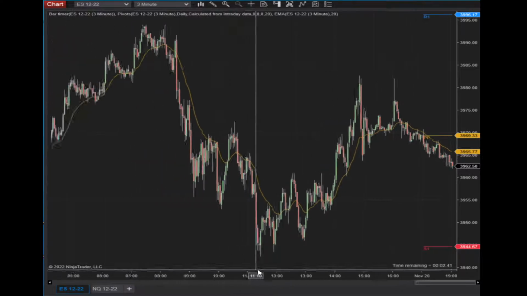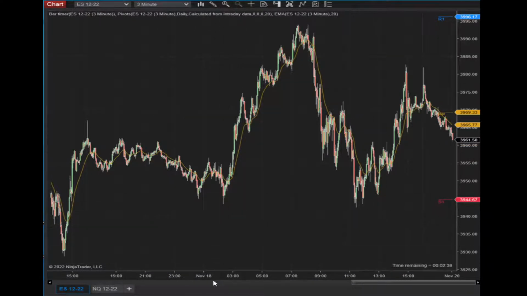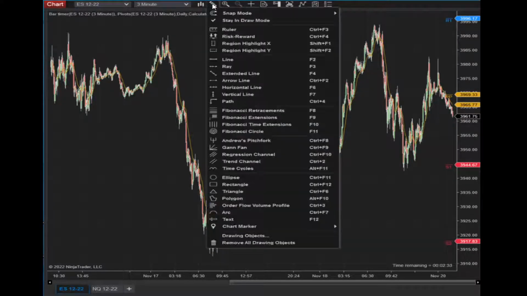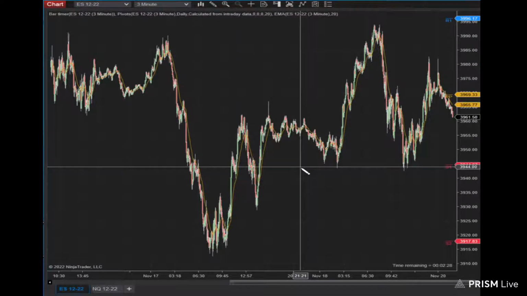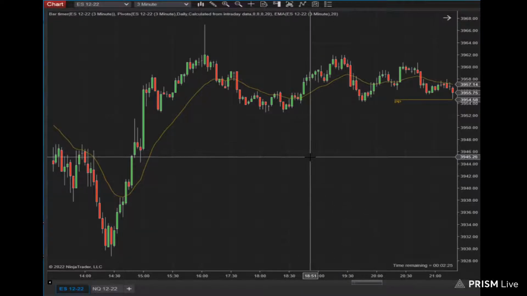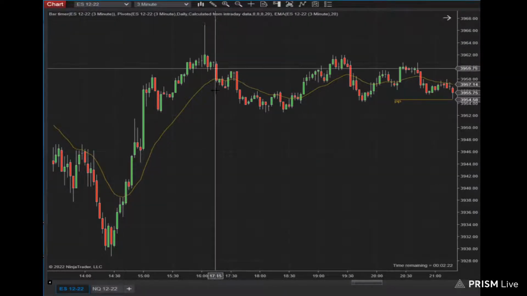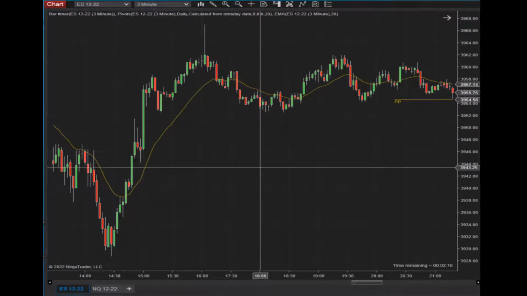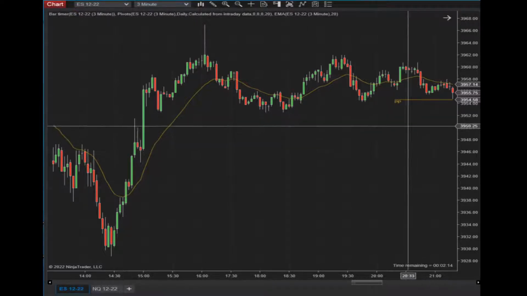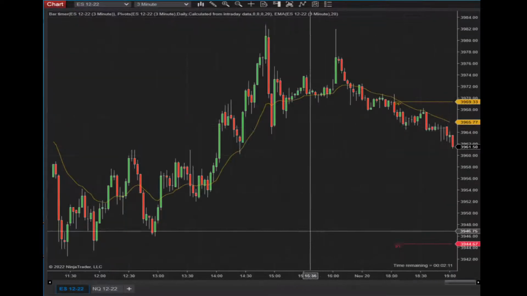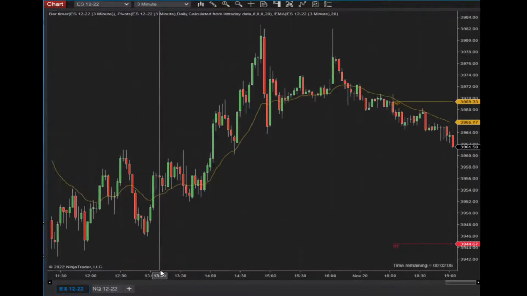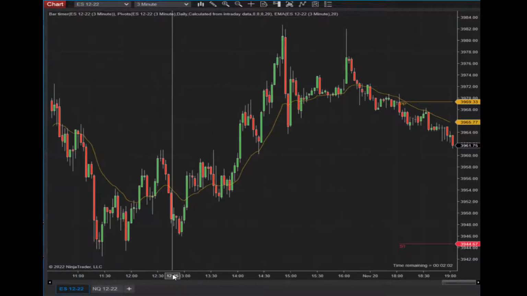This is one of the things that I like to do, just take a look at where things are and throw some structure in here so we see where we've got some resistance as well as support. Again, we're on a 3-minute chart, as you can see.